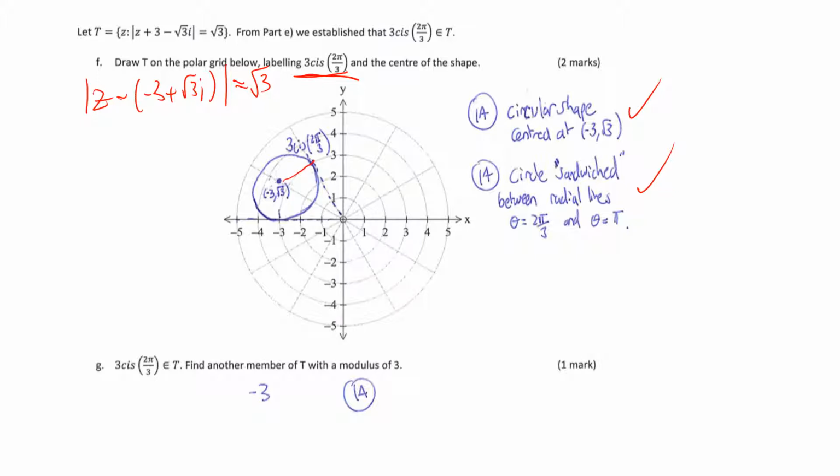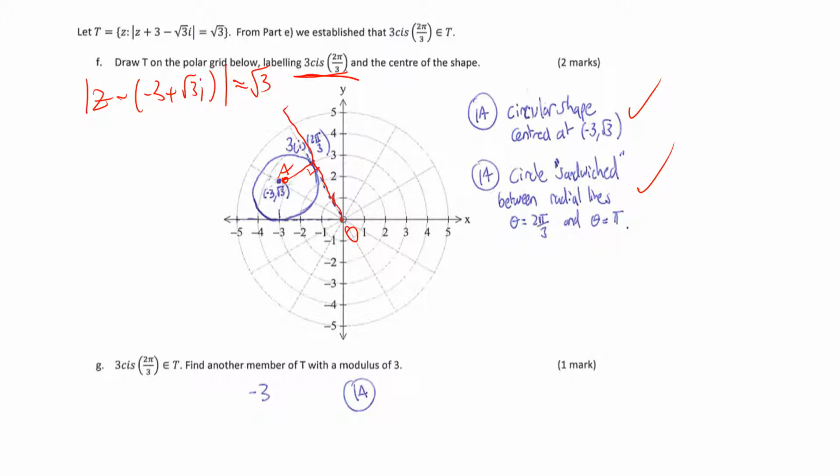We know that the line from point A, which is the center of this circle, hits the line from the origin with a radial value of 2 pi on 3 at right angles. That's stuff we've already built up. So here's the origin, and here's that common point, 3 cis 2 pi on 3.